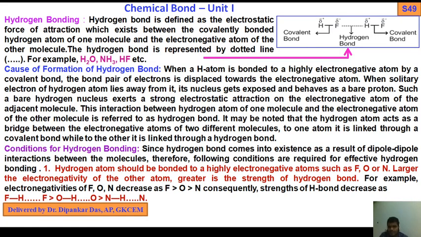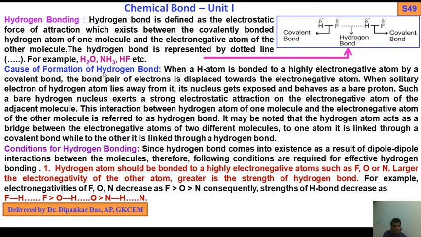So this is one HF, and this is another HF. Now this hydrogen, which is already covalently bonded with the fluorine atom, forms a bond with the more electronegative atom of another molecule. They may be the same molecules, or it may be different, like water, etc.